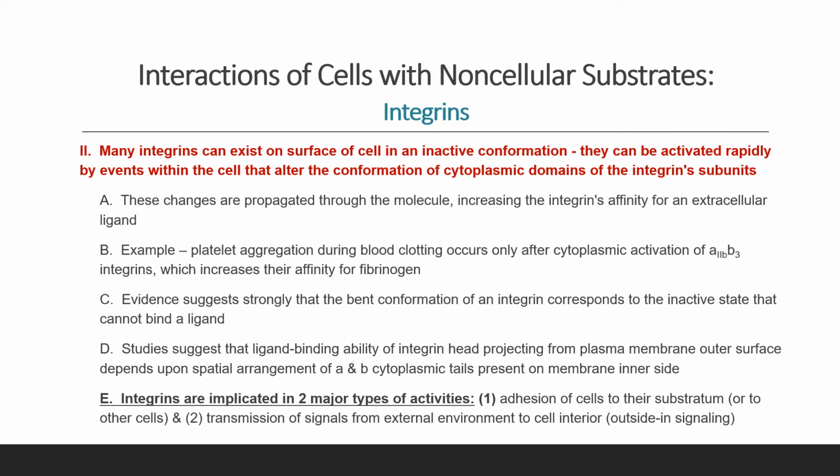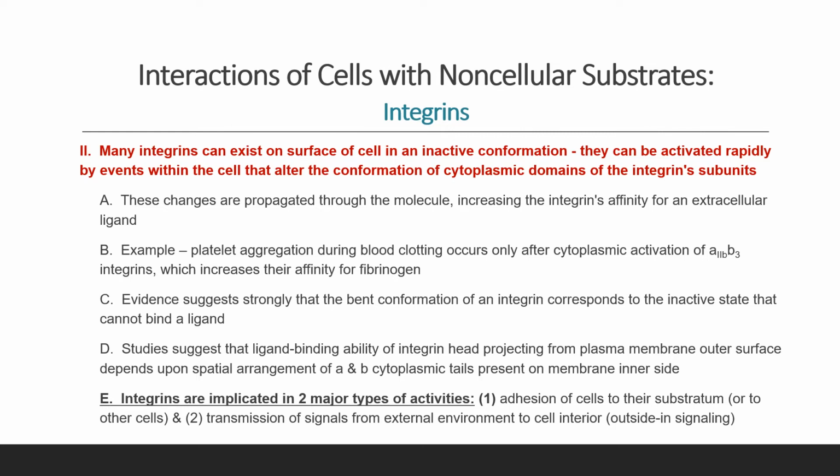Evidence suggests strongly that the bent conformation of an integrin corresponds to the inactive state and cannot bind a ligand. Studies suggest that the ligand binding ability of the integrin head projecting from the plasma membrane outer surface depends upon the spatial arrangement of the alpha and beta cytoplasmic tails present on the membrane inner side.